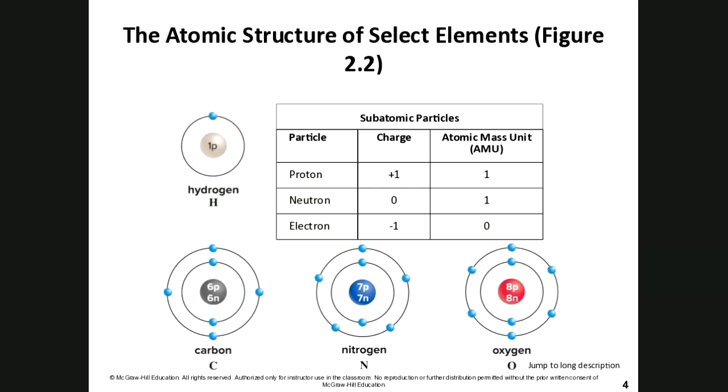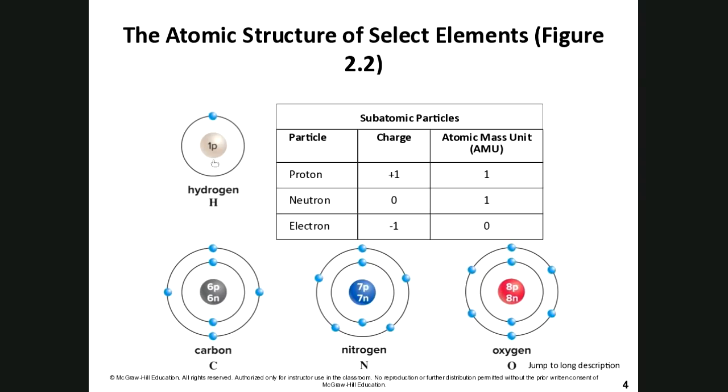If we look at the atomic structure of an element like hydrogen on the periodic table, we know that hydrogen has an atomic number of 1. That means it has 1 proton in its nucleus. The number of electrons hydrogen has is also 1. So the number of protons and electrons, and for the most part neutrons, match each other.